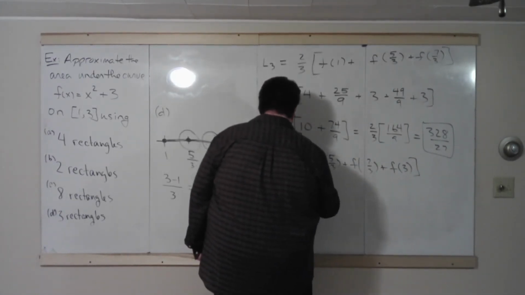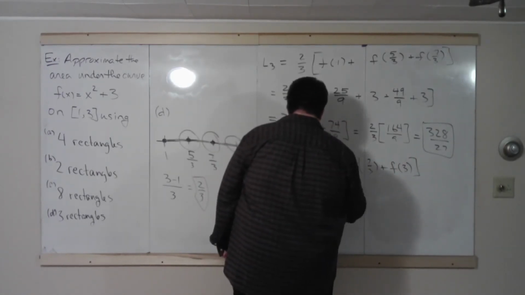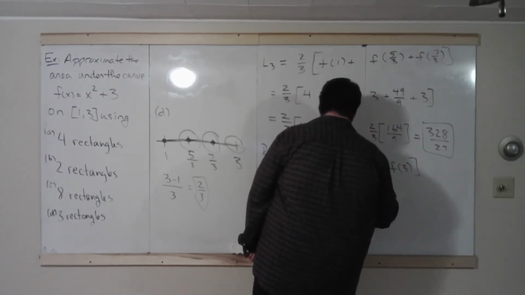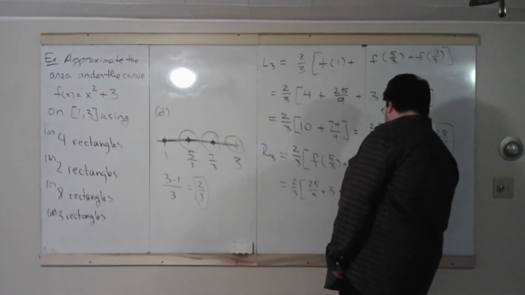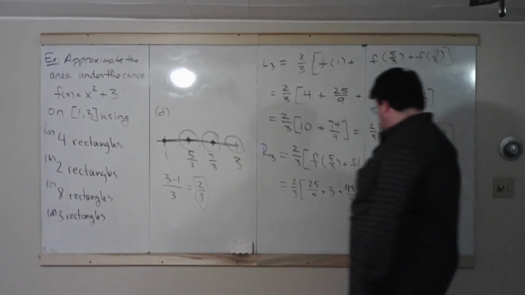So we have 2/3. f at 5/3 was 25/9 plus 3. f at 7/3 was 49/9 plus 3. f at 3 was 12. Yeah, 12.